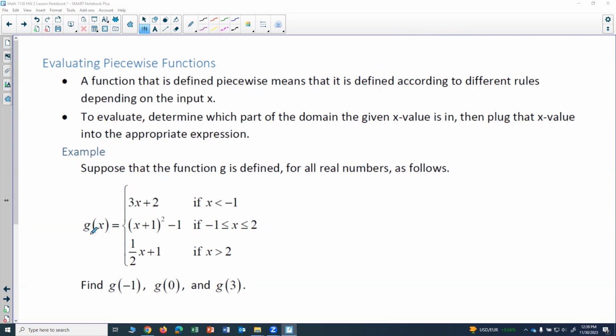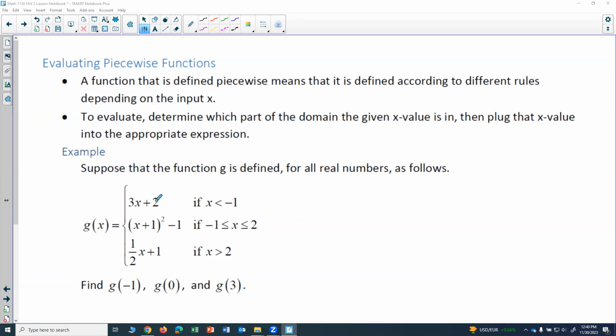We have an example here, g of x equals 3x plus 2 if x is less than -1, (x plus 1) quantity squared minus 1 if x is greater than or equal to -1 but less than or equal to 2, and 1/2 x plus 1 if x is greater than 2.